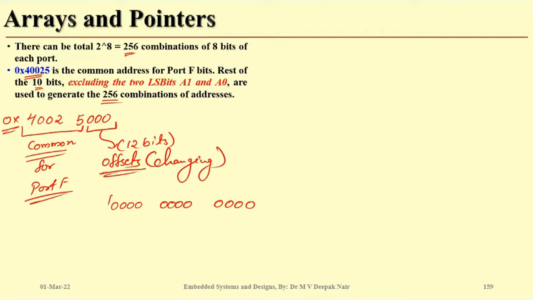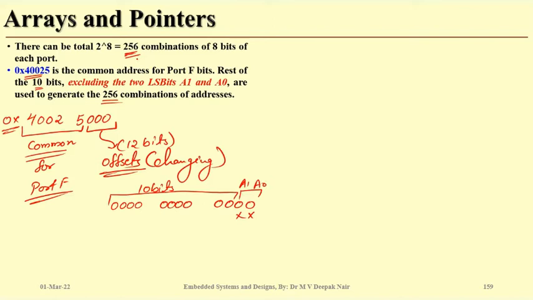But remember, these 10 bits are used to generate all the 256 combinations. The rest, A0 and A1, these two bits are not used for generating any of the 256 combinations.